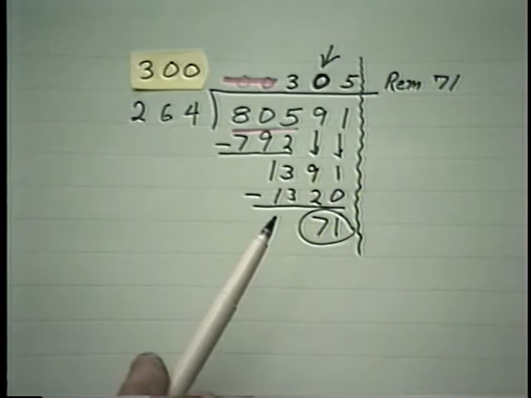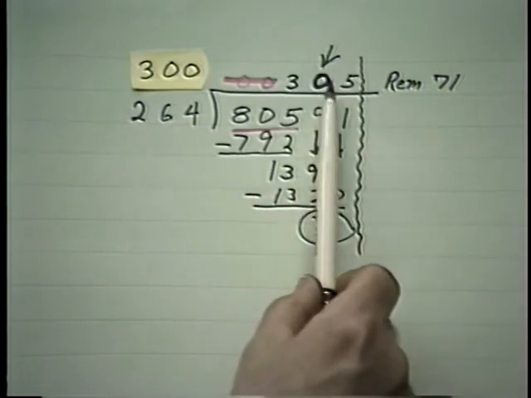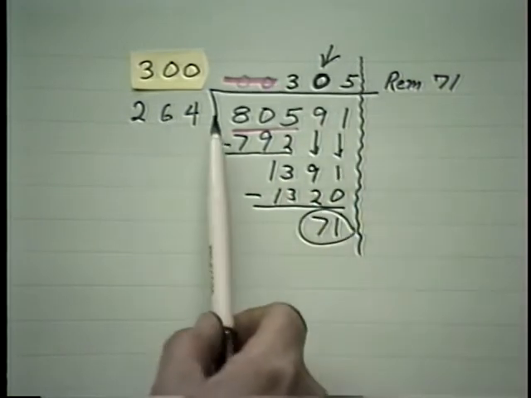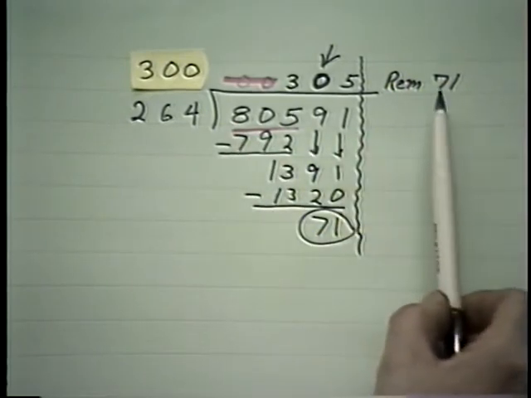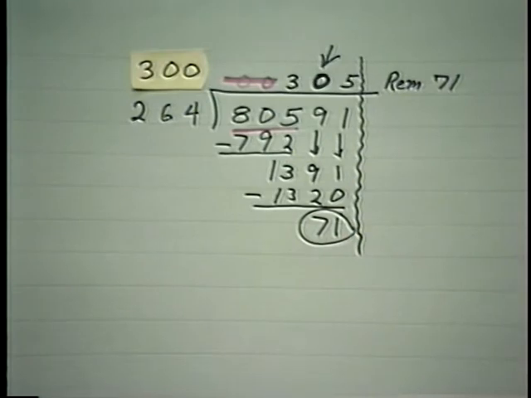Now, to check that we are correct, remember that the quotient times the divisor should be equal to this. But we have a remainder left over we must take care of.